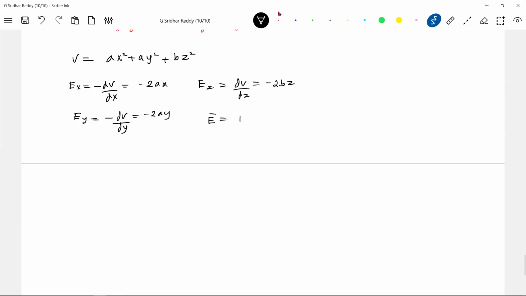So the resultant field will be Ex i cap, Ey j cap, Ez k cap. This is E bar. So if you know the potential function, it will be much easier to calculate. Differentiate with respect to x, you get the x component; with respect to y, the y component; with respect to z, you get the z component of the electric field.